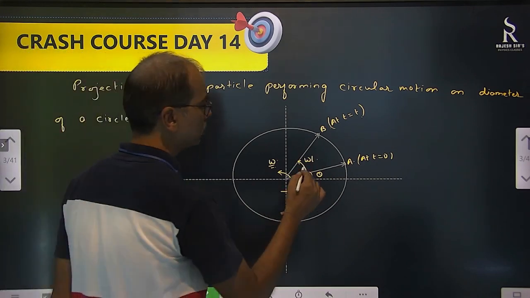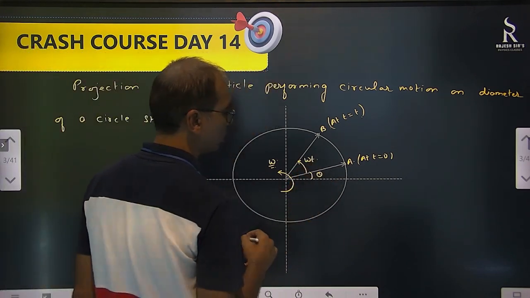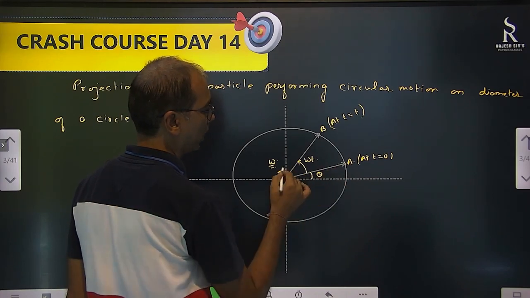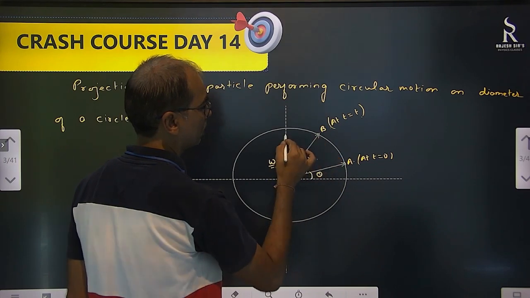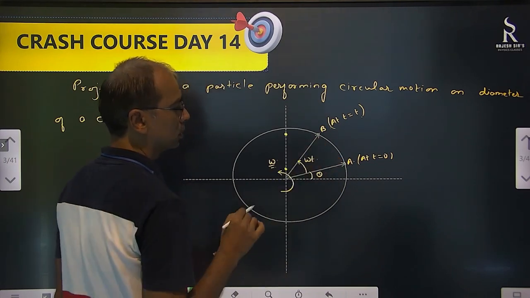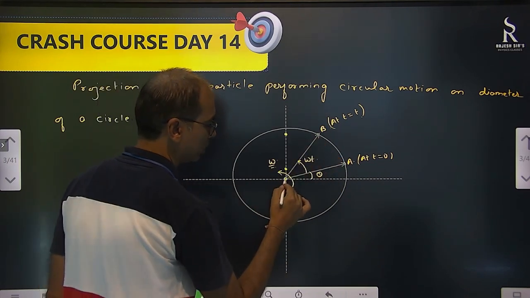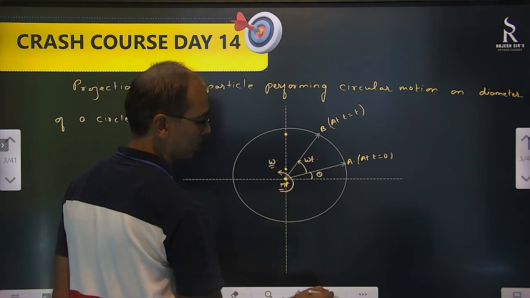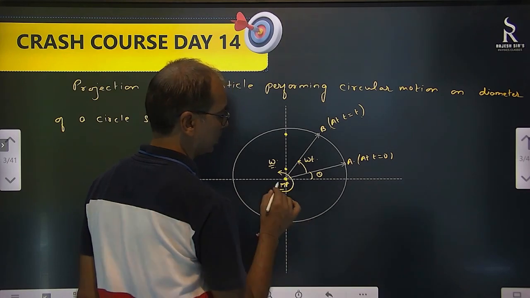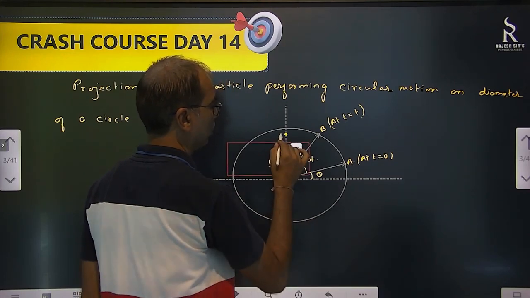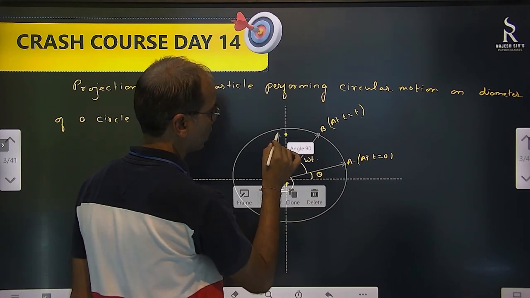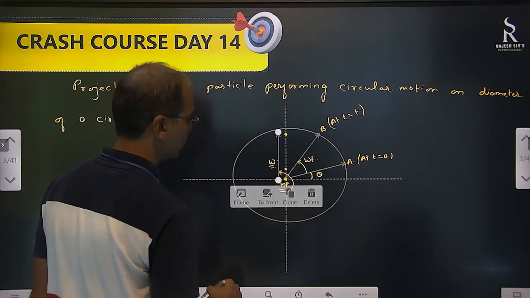Now what about its projection? The projection must have started from here, because this projection along y-axis is here, and when it is at B, its projection is here. So from mean position, how much is its displacement? We'll say that is y.